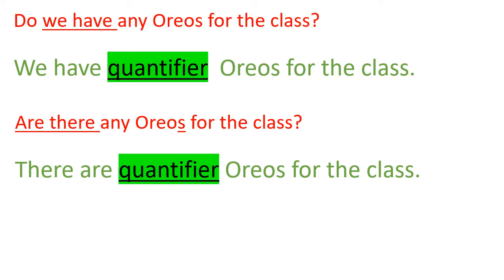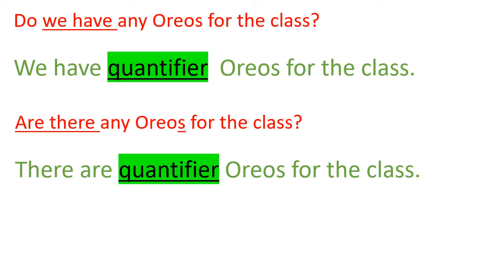So you can ask the red question, do we have any Oreos for the class? Okay, and you can answer, we have enough Oreos for the class, or we have a lot of Oreos for the class, or we have no Oreos for the class.